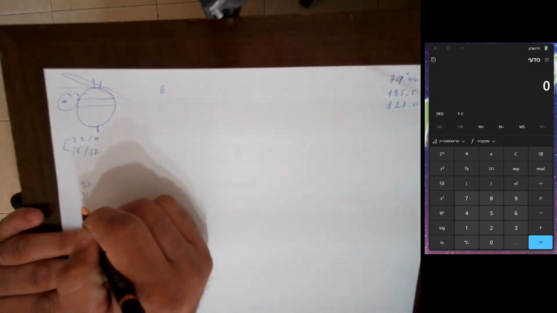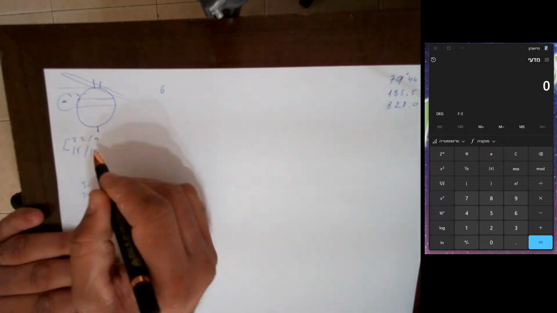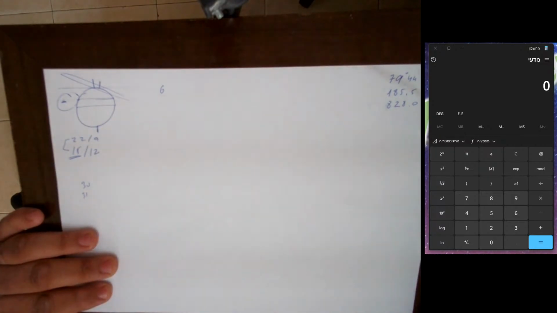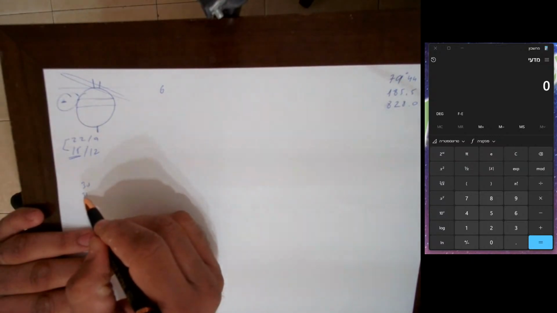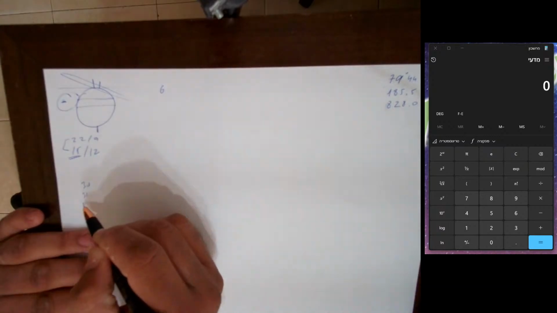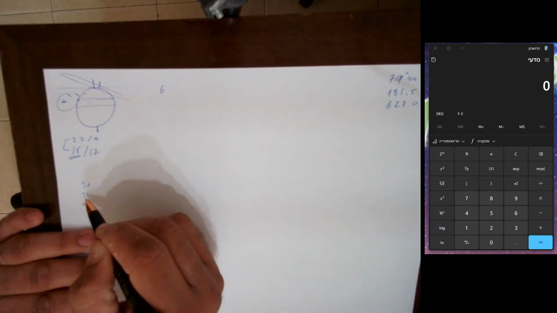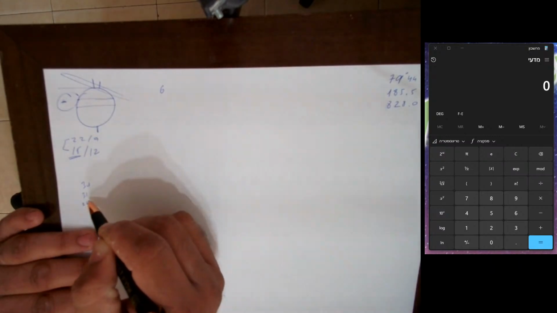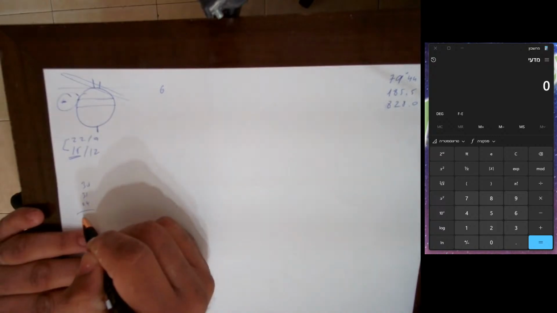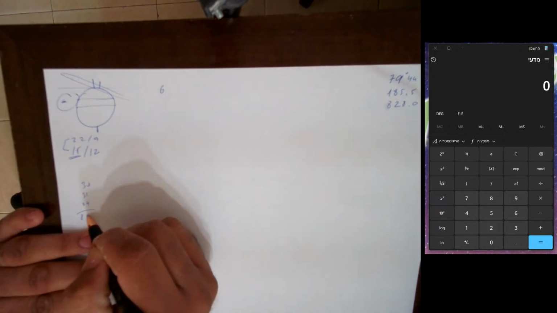And then another 30, but we must subtract 6. So we have 30, 31, and 24. That's interesting. So here we got 85 or 84.